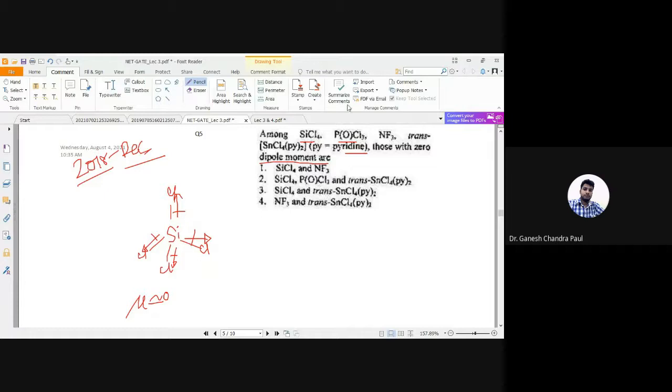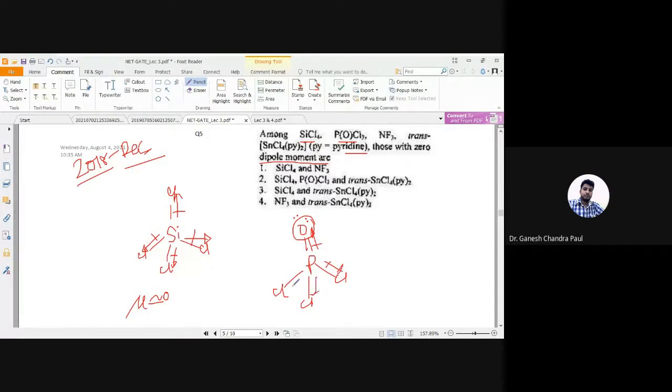And further, if you look at the second compound, the structure of phosphorus oxychloride, as you know, it also has a tetrahedral structure. Now you can see here one oxygen is there, right? The bond moment is present over here, and chlorine is present like this.